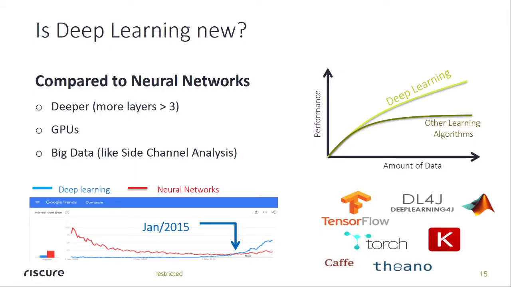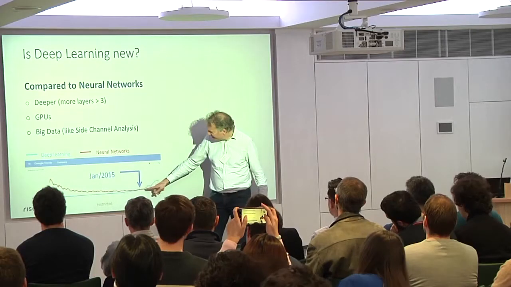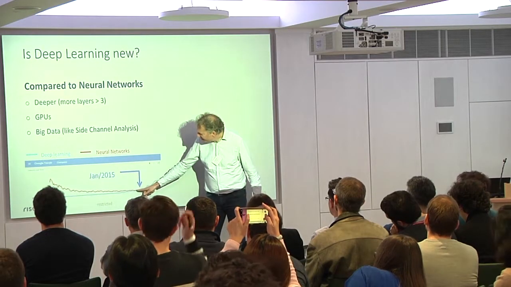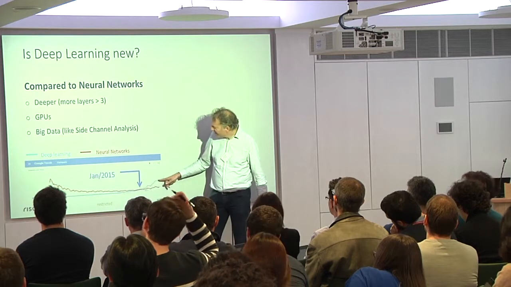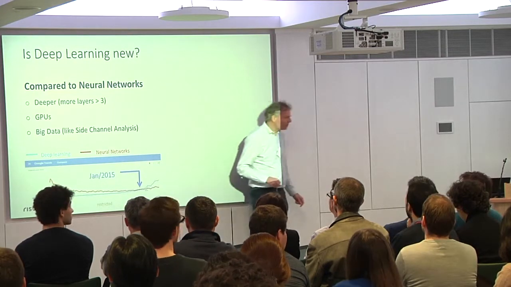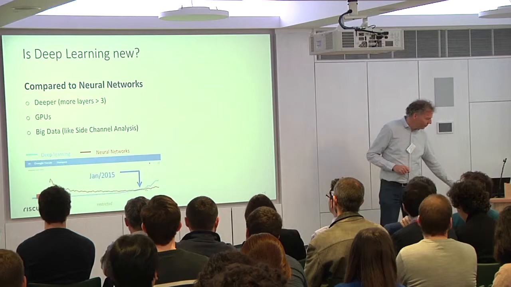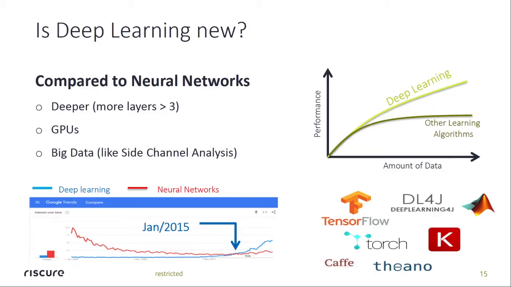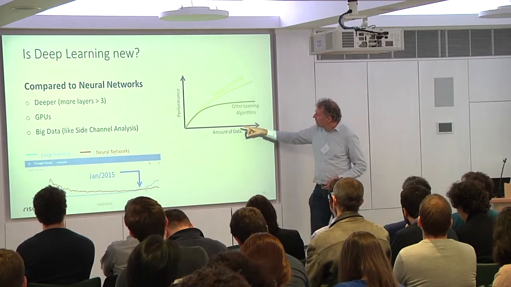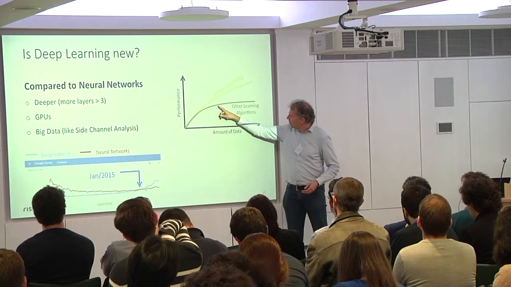So when you look at Google Trends, you could see that people were discussing neural networks for a long time. But at some point of time here, I think in 2015, the term deep learning suddenly became more popular. A way of looking at the capabilities of deep learning is that the traditional learning algorithms would saturate quite soon.